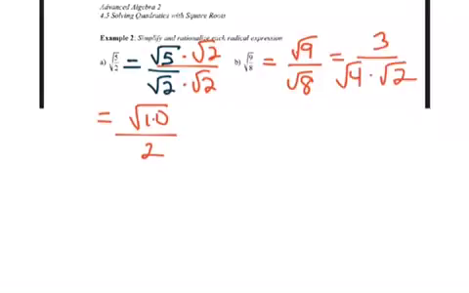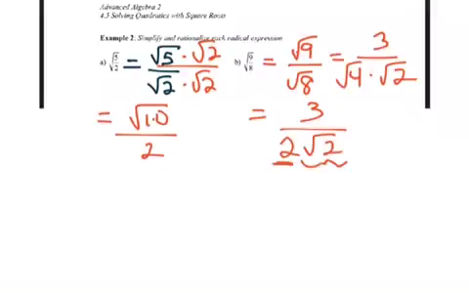If I move on to the next one, I would simplify that to the square root of 9 over the square root of 8. Square root of 9 is 3, and square root of 8 can be broken up into the square root of 4 times the square root of 2. Okay, so we have the 3 in the top still. Square root of 4 is 2, and square root of 2. So what I see is that this 2 is okay, but we don't want a square root of 2 in the bottom.